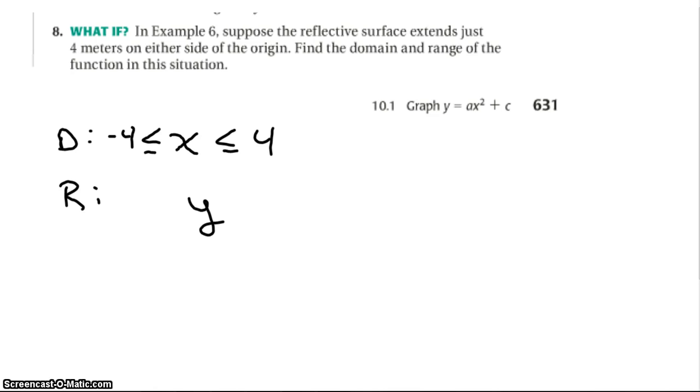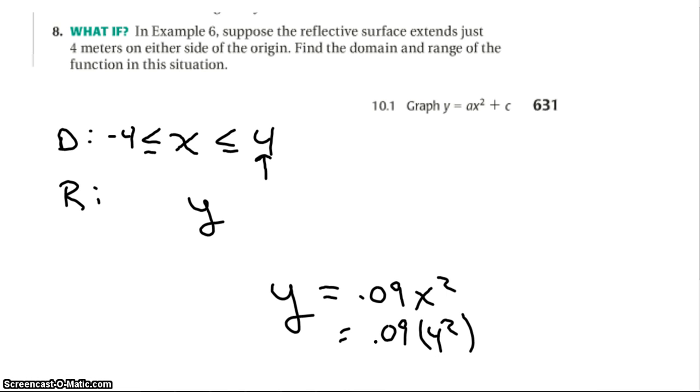And the y, the range. We were given this equation, right, to find the value. If we plug in 4 and multiply by 0.09. And Michael says that 0.09 times 16 is, what did he say?